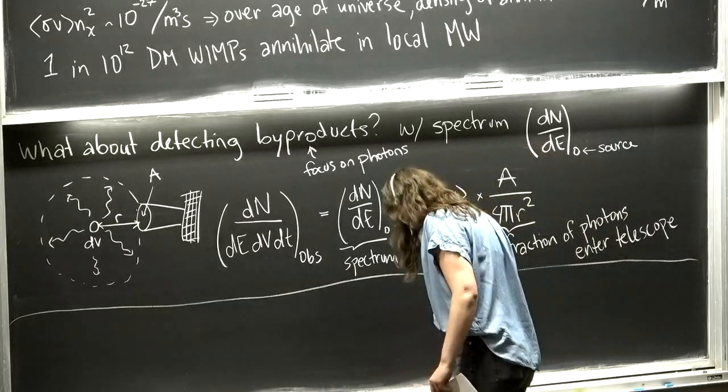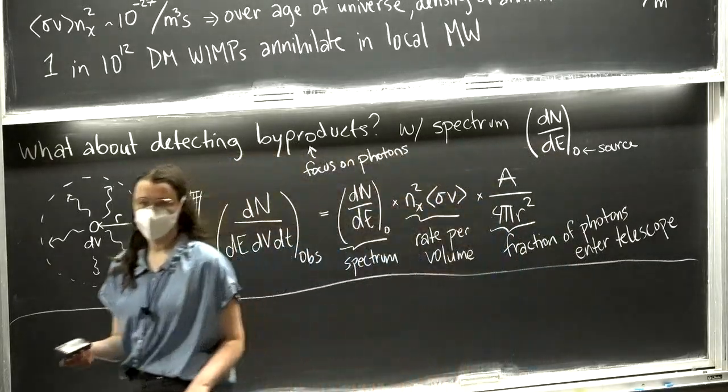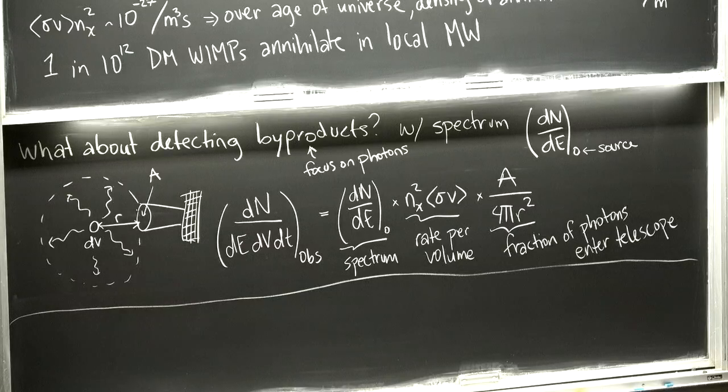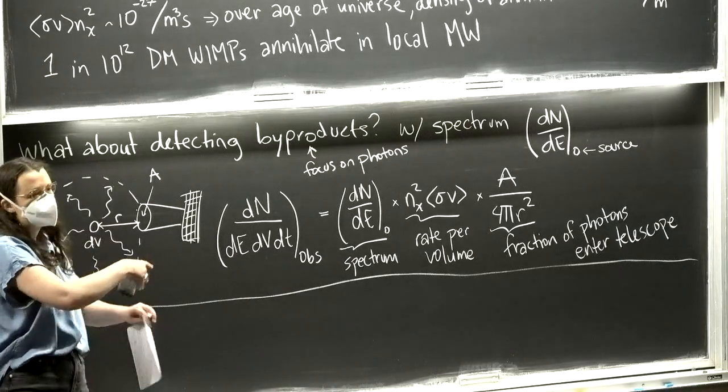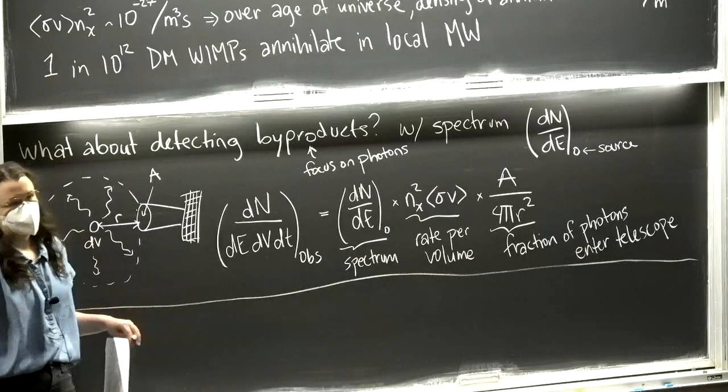So that's, in a nutshell, kind of all the information I need. But now let's suppose I want to consider all the decays along a line of sight. So I don't want to just consider this one little volume right here. I want to consider anything that I can see in my telescope.